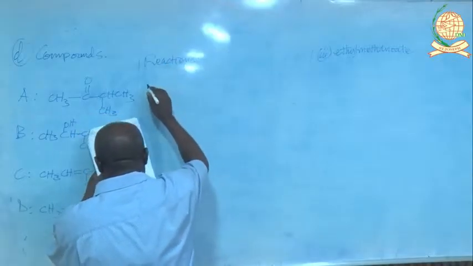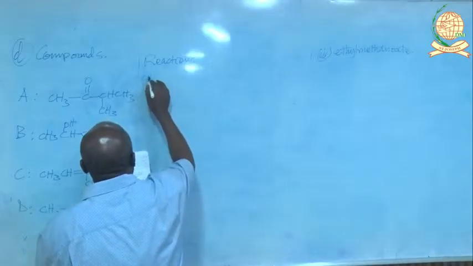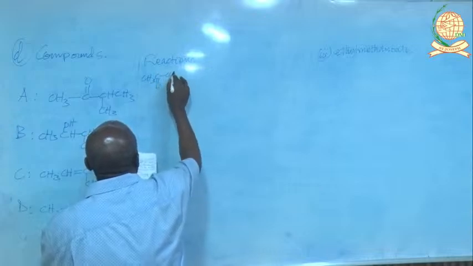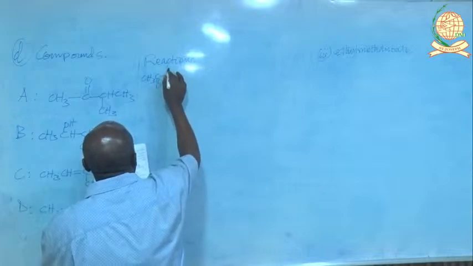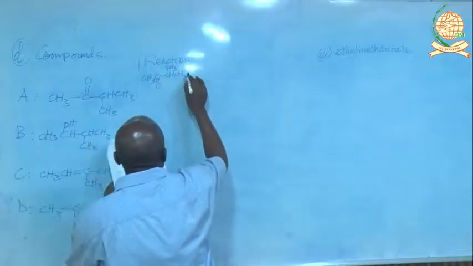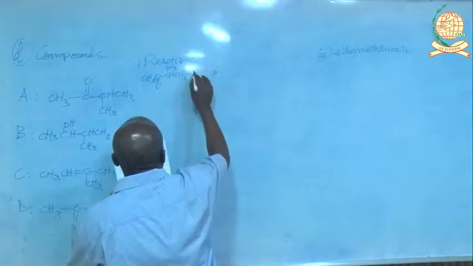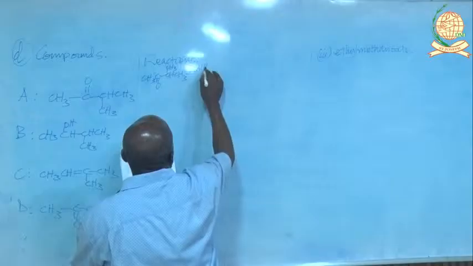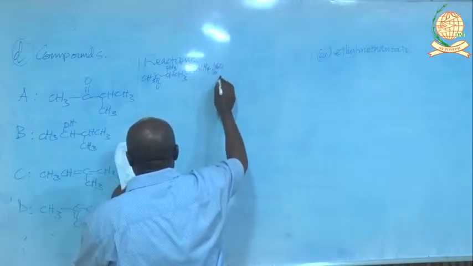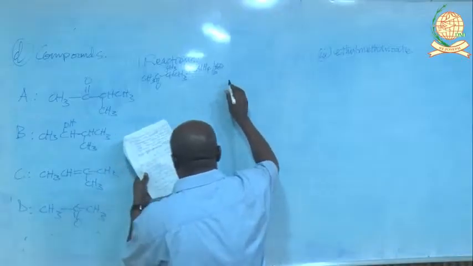The first is CH3, C double bond O, CH3, CH3, plus lithium aluminium hydride, essentially followed by hydrolysis.